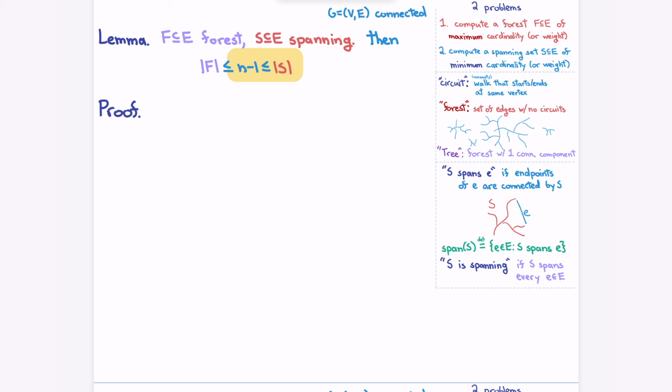It's getting a little bit wishy-washy here. I don't disagree with the ultimate correctness, but we have to figure out how to explain what we mean. Any spanning set of edges has to have at least n minus 1 edges in it.